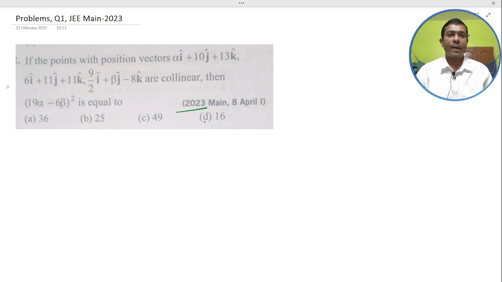It says that if the points with position vectors alpha i plus 10j plus 13k, 6i plus 11j plus 11k, and 3 by 2 i plus beta j plus 8k are collinear, then 19 alpha minus 6 beta whole square is equal to what?